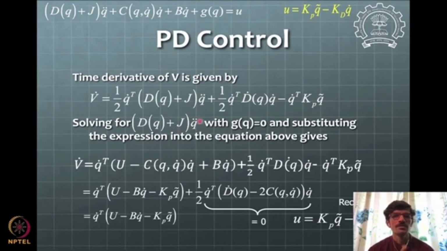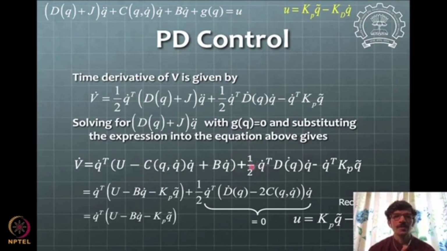You will get this term here as u minus C of q and q dot times q dot plus B q dot. Now we are setting g of q to be 0 for this discussion right now. We can add some compensation in control for that term, but right now we will not worry about that term, to make our first understanding easier.